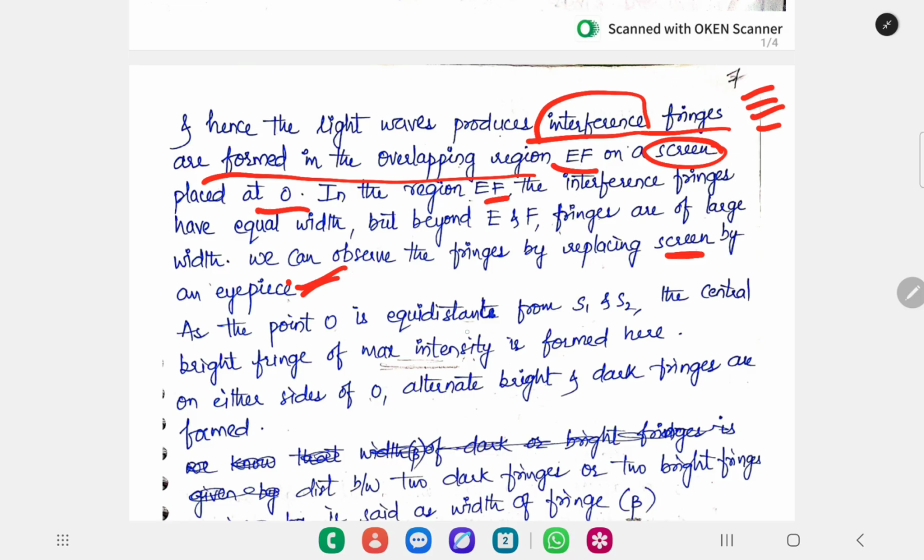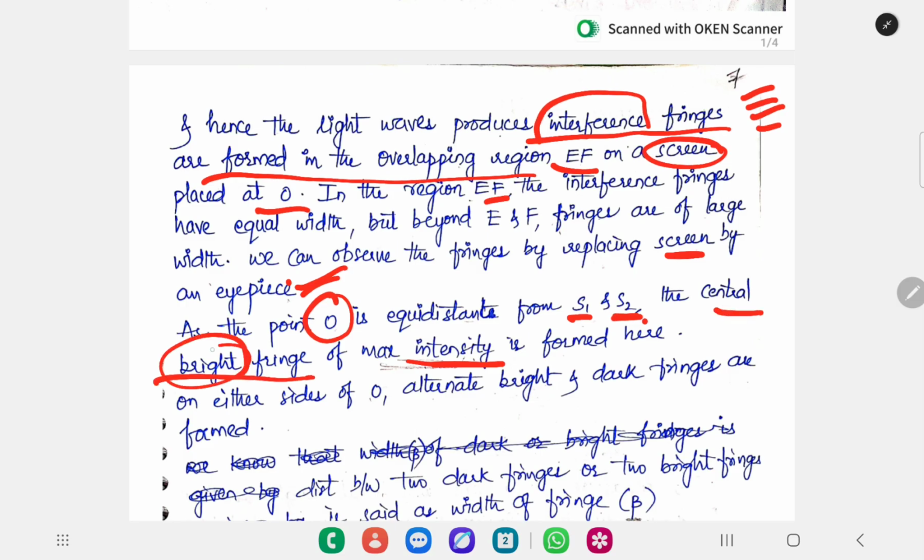As point O is equidistant from S1 and S2, the central bright fringe of maximum intensity is formed here. Where is the maximum intensity formed? At the point O. The point O is at the same distance from S1 and from S2, so we can see the central bright fringe.